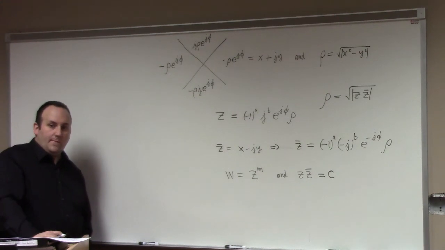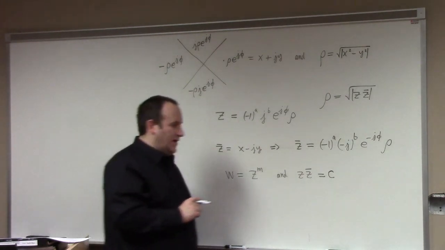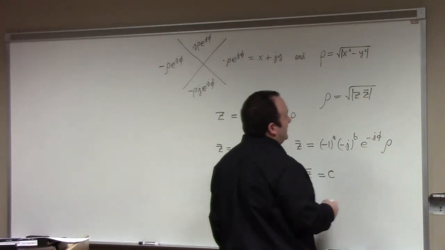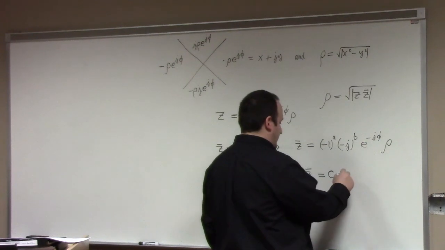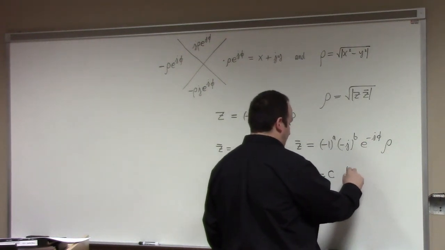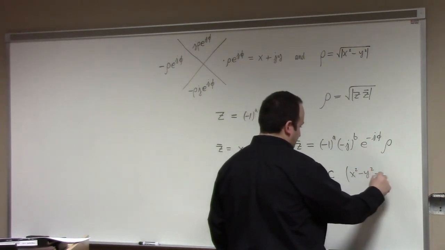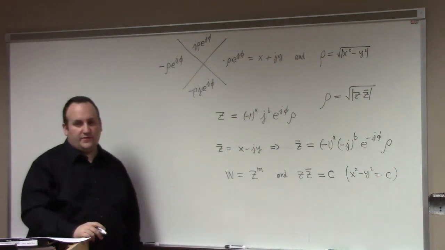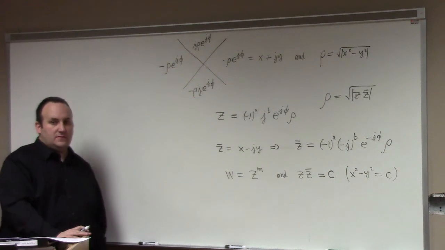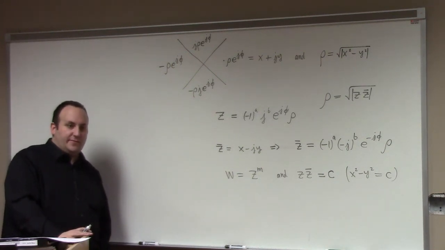Rho squared. Yeah. Well, as I've set things up here, it's the absolute value of x squared minus y squared. But this is actually just straight up x squared minus y squared equals c. So depending on whether c is positive or negative, in which sector you're in, that's a hyperbola that opens left or right or up or down.